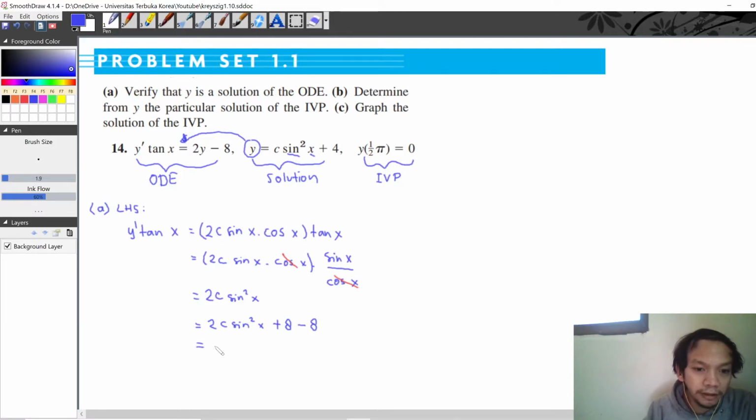And we can factor out 2 from here: 2 times (c sine squared x plus 4), then minus 8. And then remember that this part here is equal to y. So this is equal to 2y minus 8. So this is the same as the right hand side.